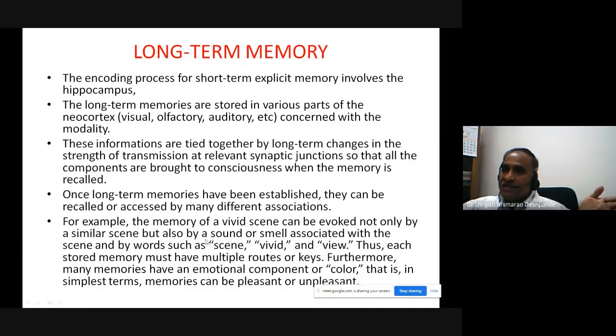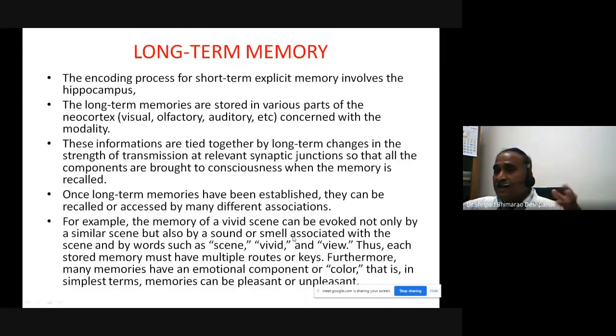For example, the memory of a vivid scene can be evoked not only by a similar scene but also by a sound or smell associated with the scene, and by words such as scene, vivid, view. Thus each stored memory has multiple route keys.